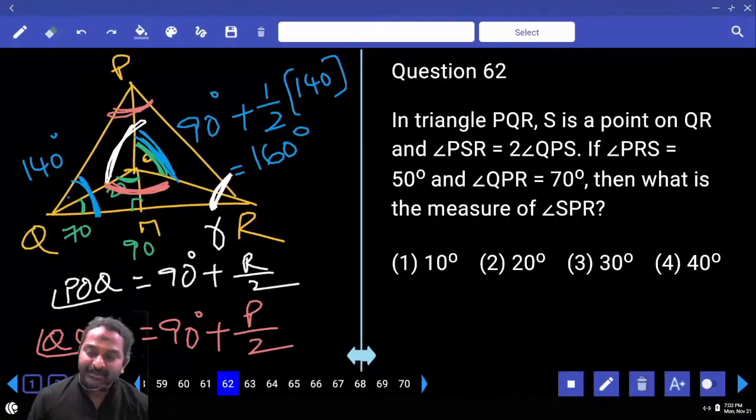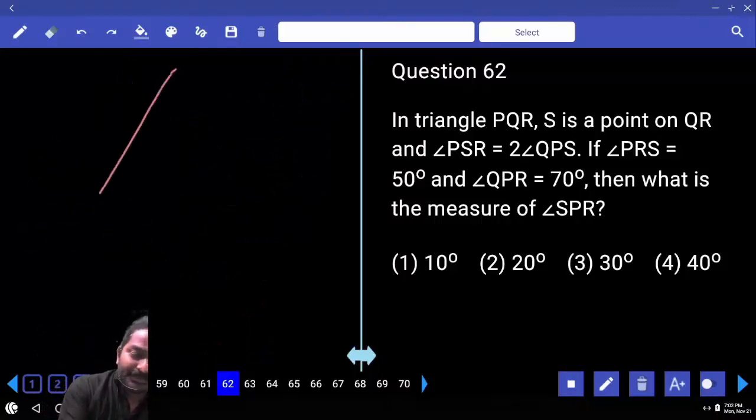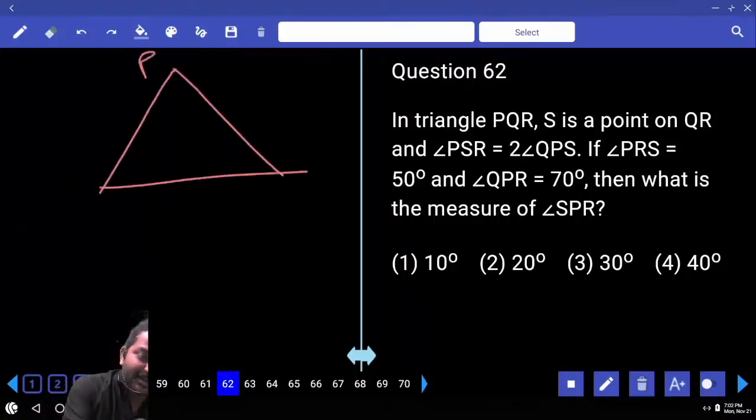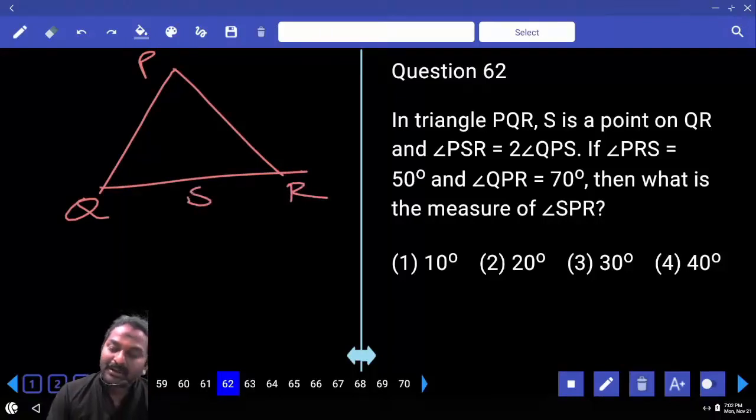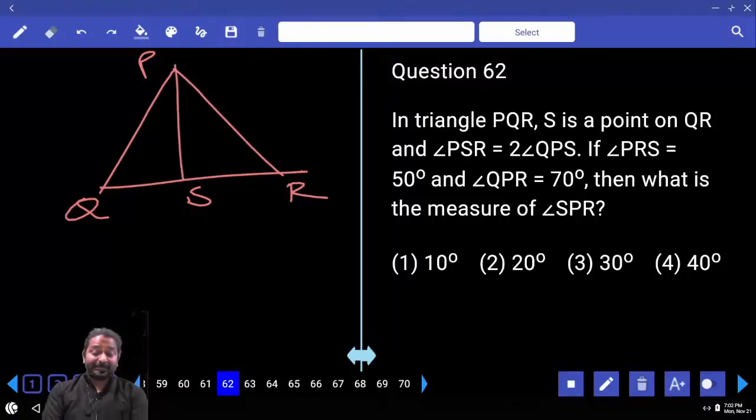In a triangle PQR, S is a point on QR. Again, a point. This is your triangle PQR. S is a point on QR. Angle at PSR, so we have to form a triangle PSR. Angle at PSR is equal to 2 times angle at QPS.